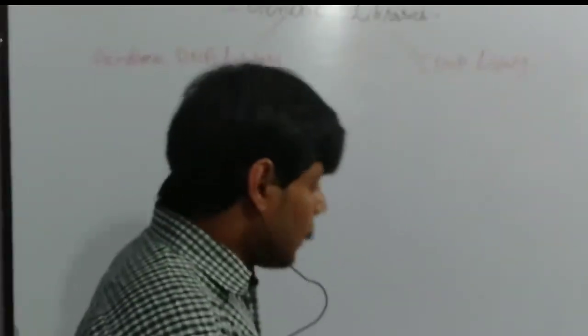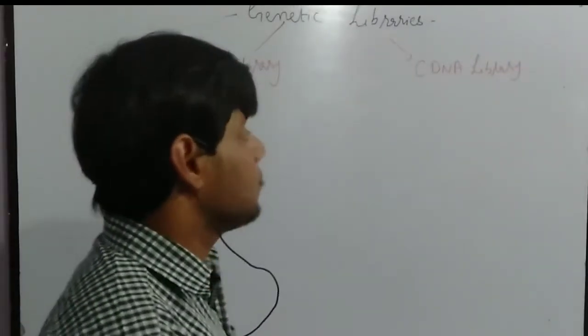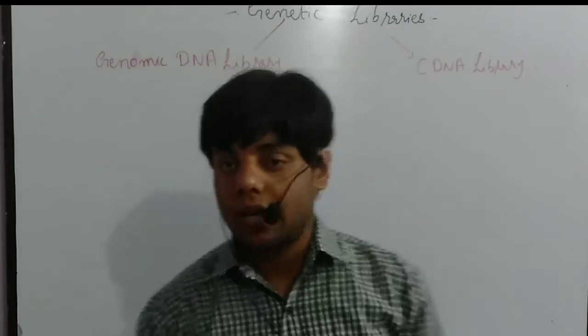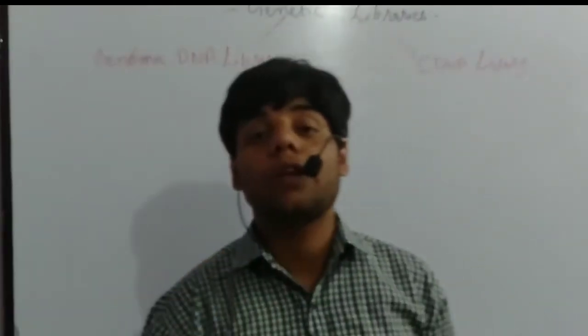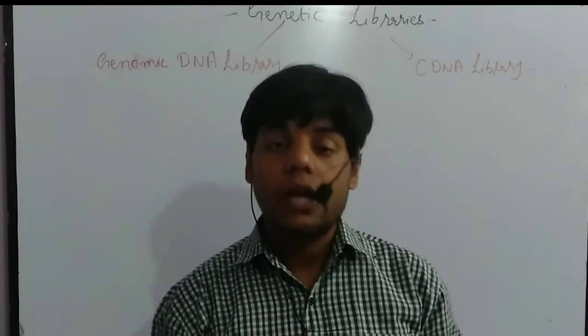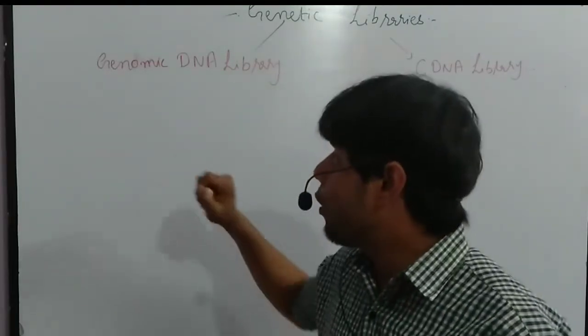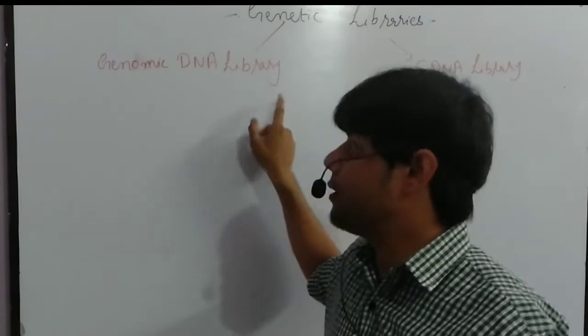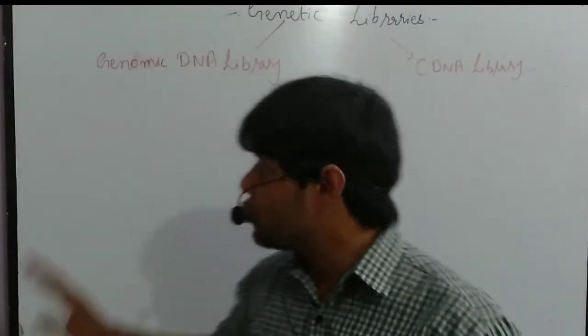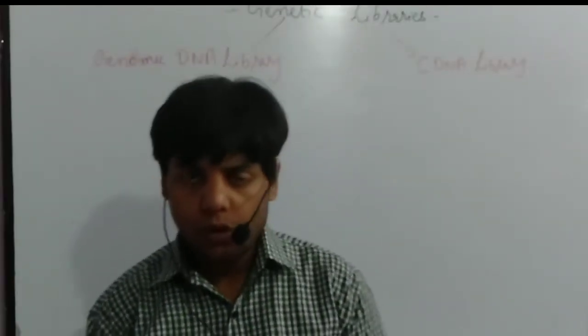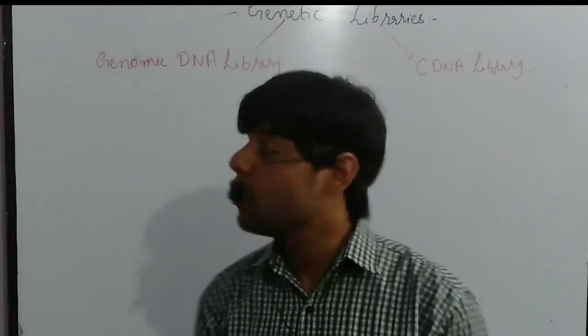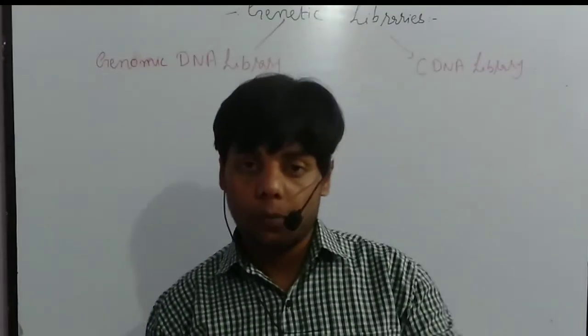As I told you, at the genetic level the library is where we can store our genes inside a bacterial cell on a Petri plate. Whenever we talk about genomic DNA library, the same thing applies.